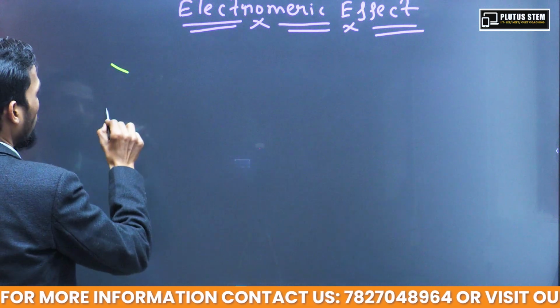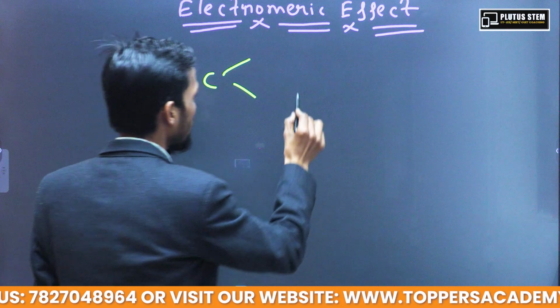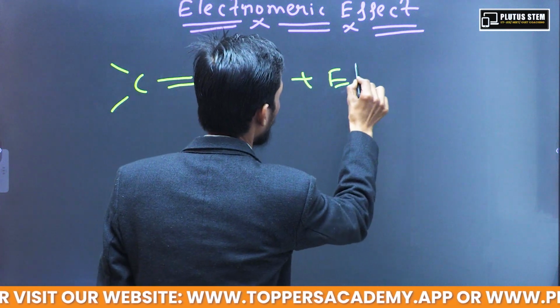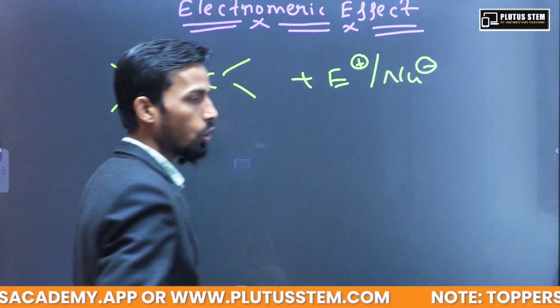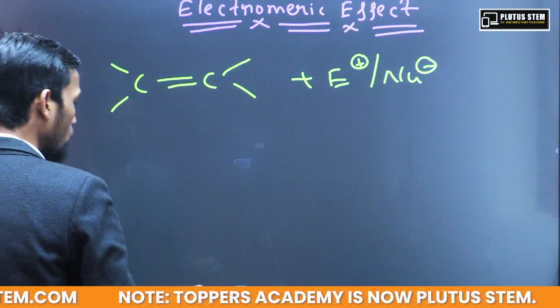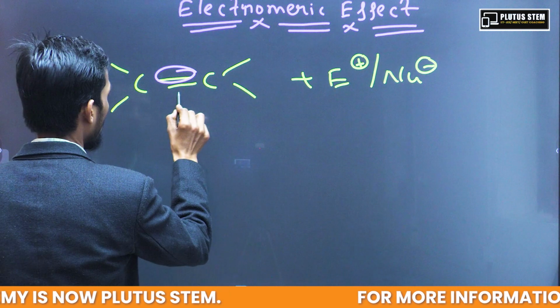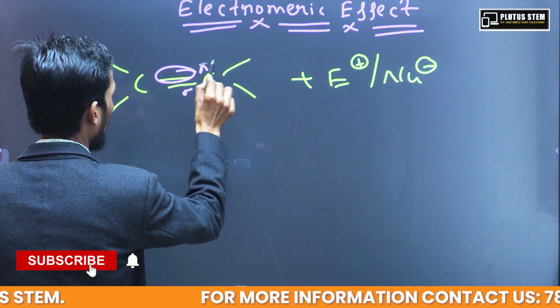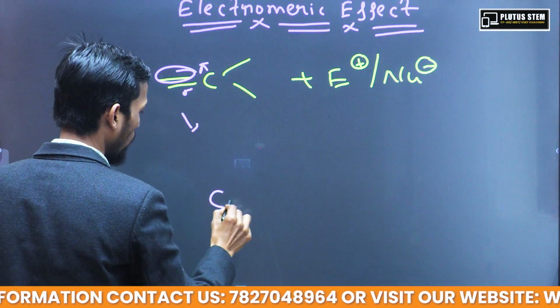In this electromeric effect, if this is our alkene and in presence of an electrophile or nucleophile, the electron pair, or you can say one sigma bond and one pi bond, the movement of the pi bond. So what is going to happen over here?